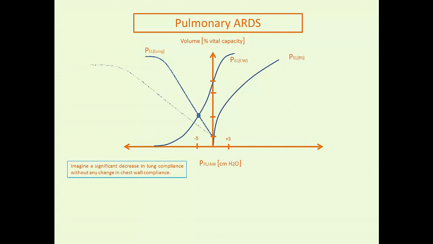So in the setting of pulmonary ARDS, there's a significant decrease in your pulmonary compliance. The pulmonary compliance curve shifts down to the left, your functional residual capacity is diminished, and now for any given lung volume, there's a greater pressure differential, so a greater pressure must be applied by the ventilator to effect that volume change.